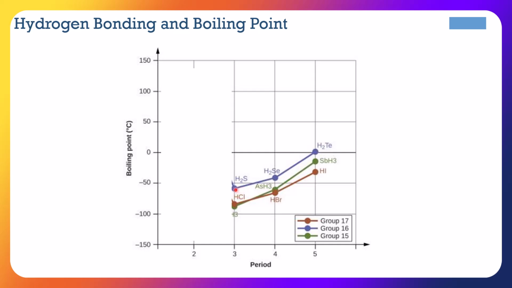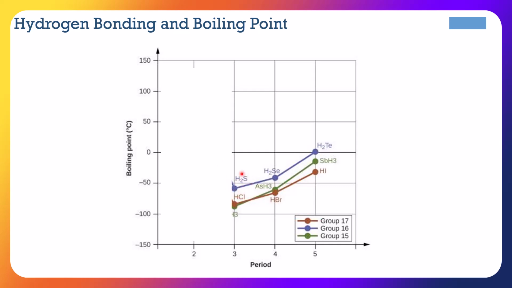So what is causing this increase in boiling point? As we go across the graph here, we're moving down the periodic table, right? So period 3, period 4, period 5. So we're moving down the periodic table. As we move up our graph, our boiling point is increasing.